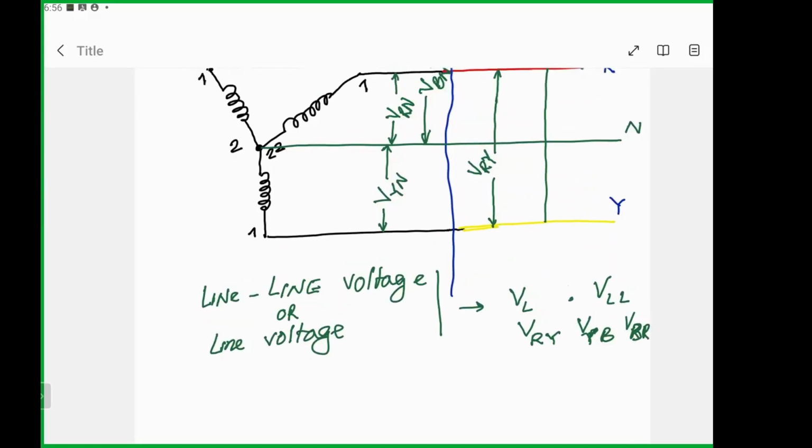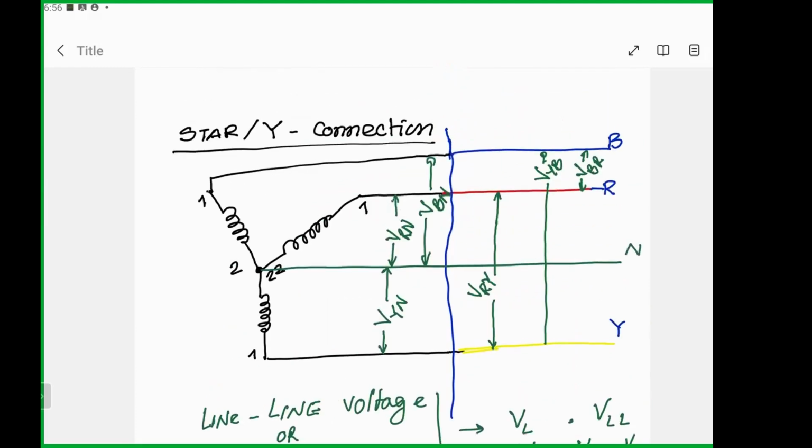Now another voltage I can see from the figure is between line and neutral, from any line to neutral. You can specifically identify that this voltage will be only across a single coil. On the other hand, if you consider the line to line voltage, this is actually the voltage between two coils, so it depends on your arrangement.